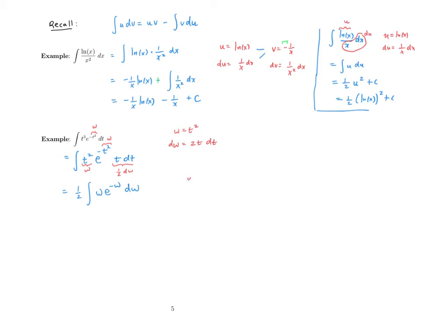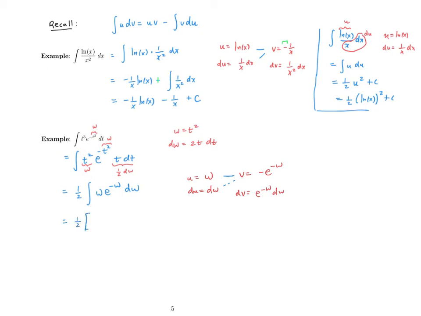So using integration by parts, we need a choice for u and dv. Using our previous experience, we'll choose u to be w and dv to be e to the minus w dw. So v is minus e to the minus w, and du is dw. So applying our integration by parts, we have this 1/2 hanging around front.